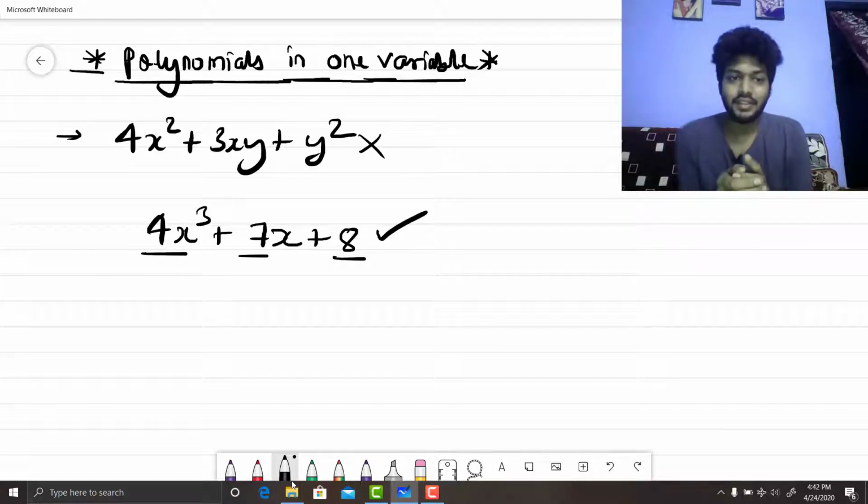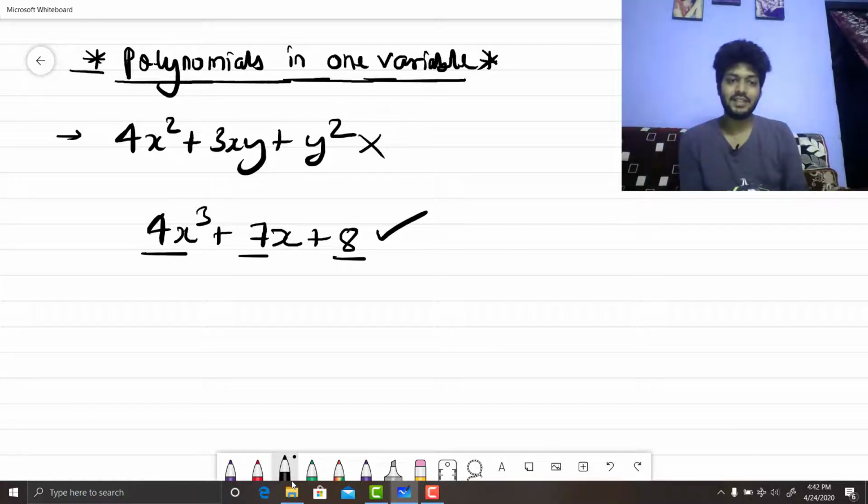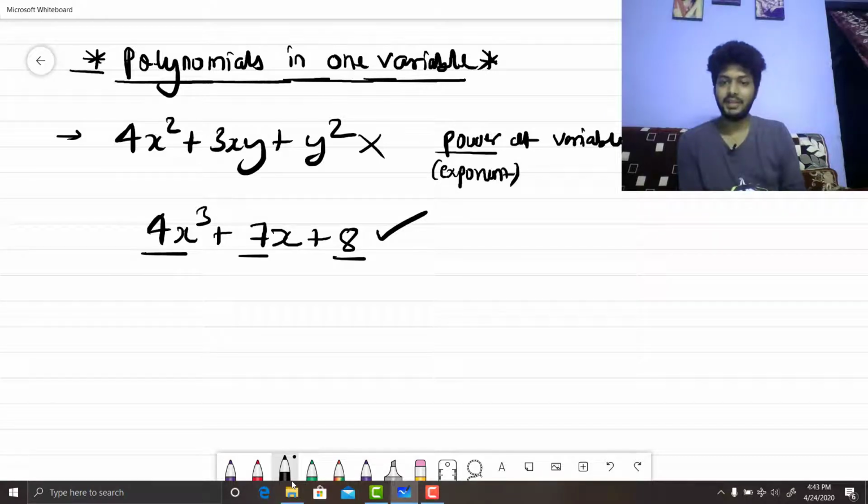But before that you must also apply a basic check: the power, or you can say the exponent, of the variable must be a whole number.